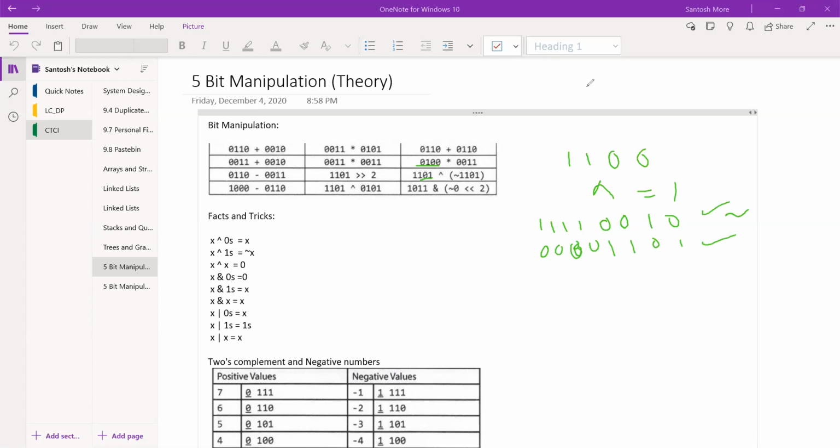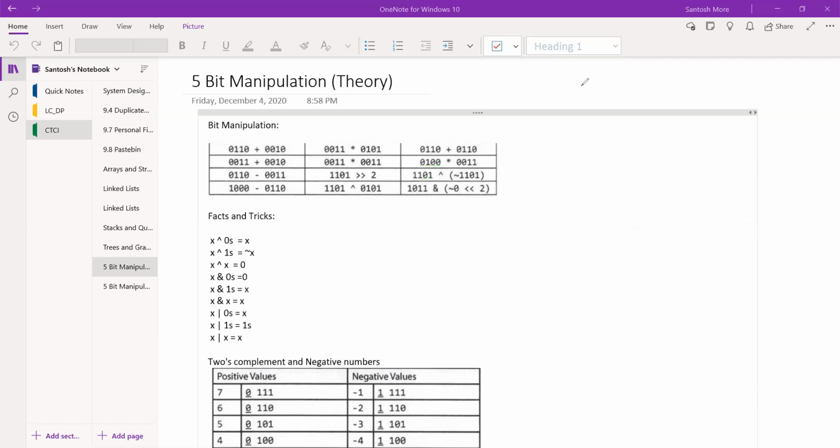All these zeros will be converted to 1, and here this will be converted to 0, and this 0 will be converted to 1. If we XOR this, because XOR of any number with its opposite will always be 1, here we will get a value of all 1s. So this is one.